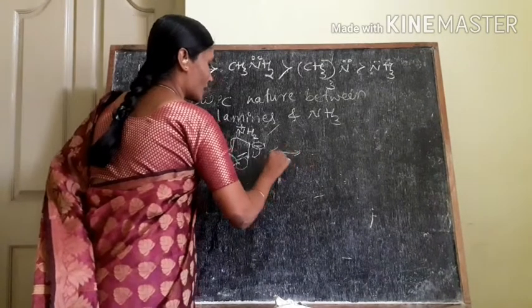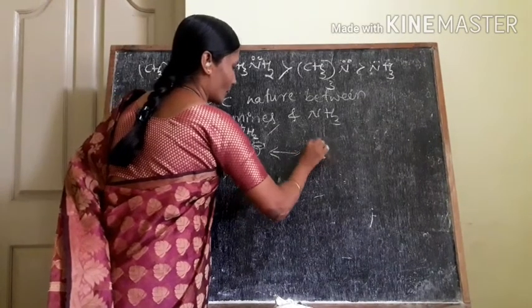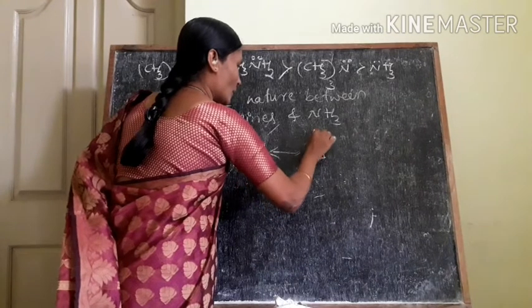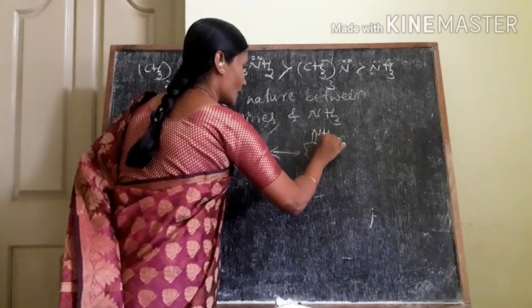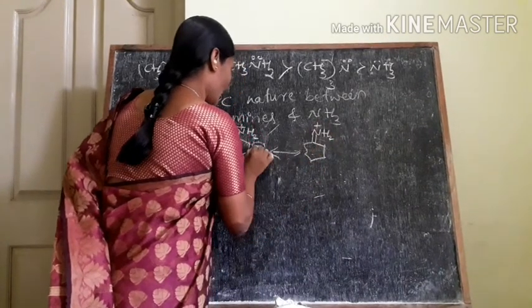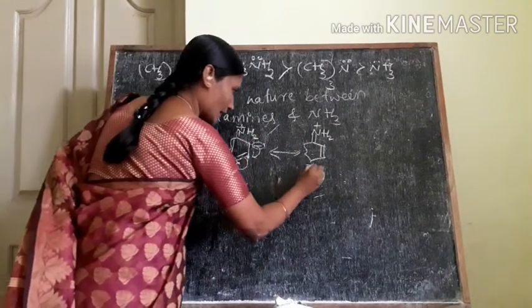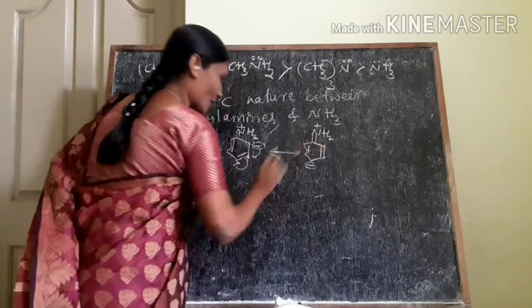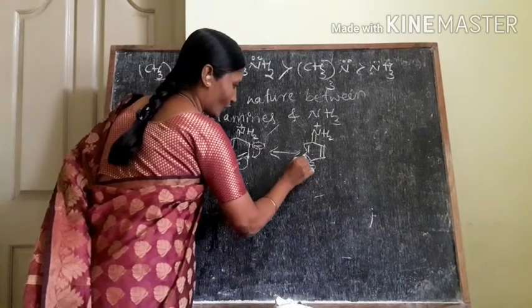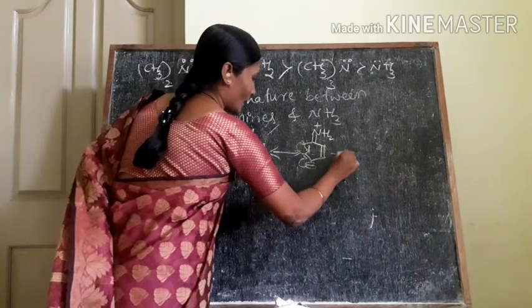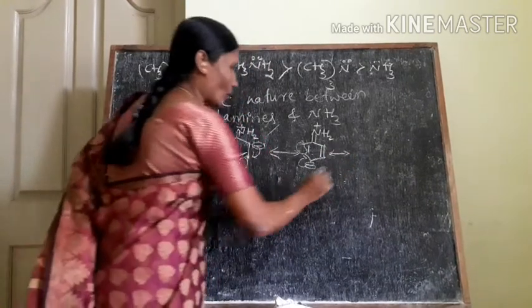I will represent that resonating structure. See the double bond, and this is NH2 plus. Here this position is carrying a double bond and this position is carrying a negative sign. This double bond remains as it is. Again there is a shifting of pi electrons over the benzene ring.